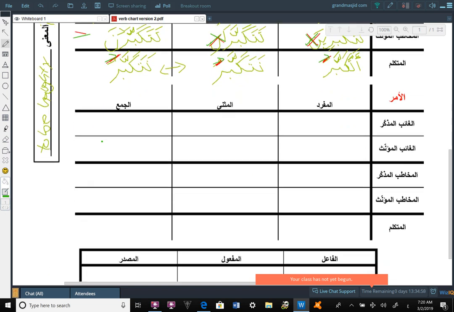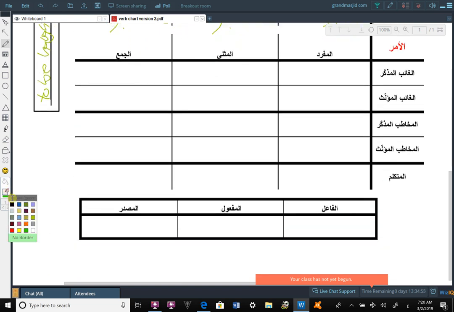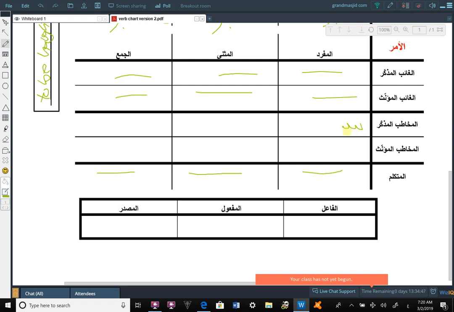Next, we have the fi'l amr, which has no first person nor third. We only have second. Tatakabbaru. What do we do? We put a sukoon or we drop our noon, unless it's the noon of niswa. And we get rid of our present tense letter and its vowel. We have takabbar. Takabbara.